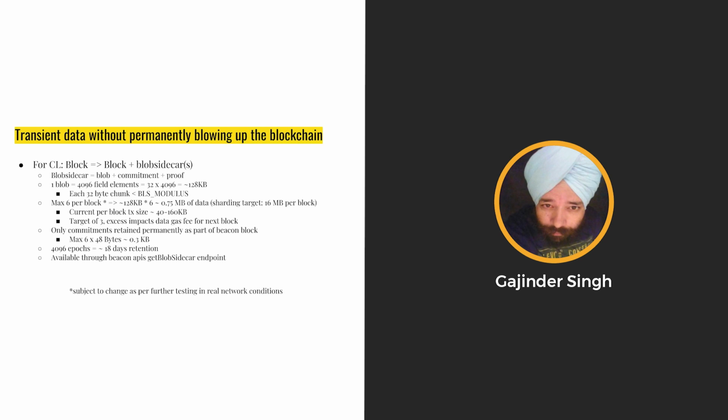To the second part of your question, the parameter that will really decide the max or the target limit for blobs per block is latency as well as bandwidth, because it's not really computation heavy. Computation for making sure that the blobs are correct and everything is in line is quite cheap.